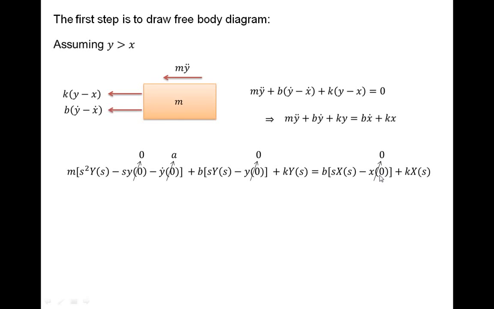Because the input is a step function, and for the step function at time t equal to 0, the function is 0, and for time bigger than 0, it is a constant value, and for the unit step function the value is 1. So if I rearrange this relation, I will have (m s squared plus b s plus k) multiplied by Y(s) equal to (b s plus k) X(s) plus m a. I just brought m a to the right hand side.